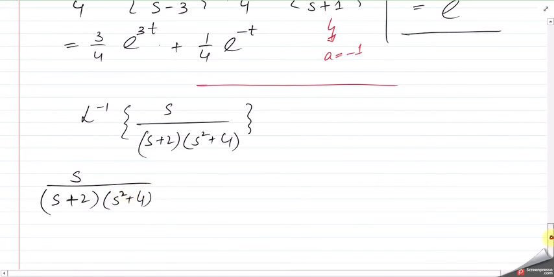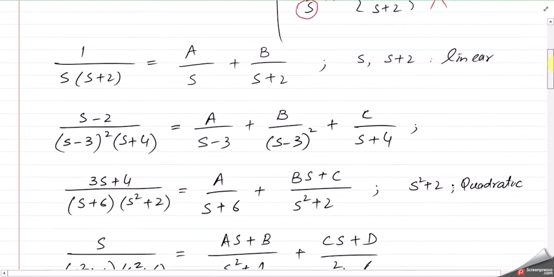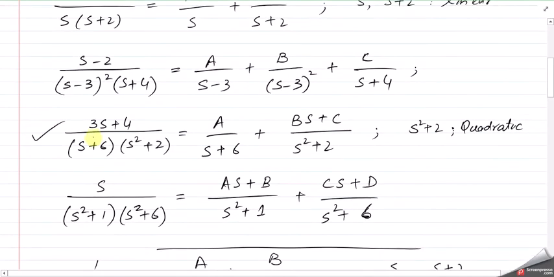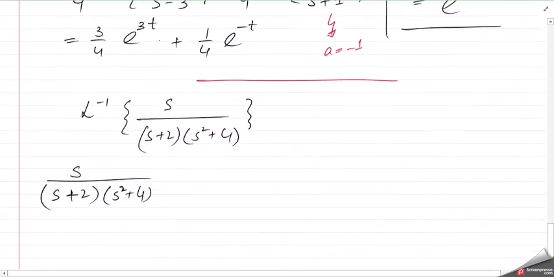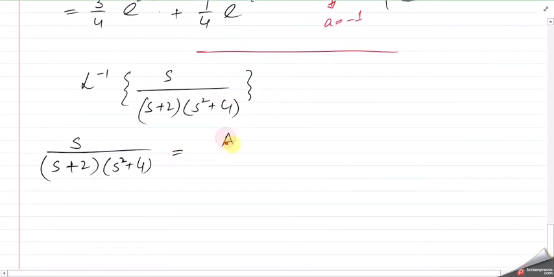It is the third type, this type: some function over linear into quadratic. So linear goes with a over, and the quadratic goes with bs plus c over. So we write equals a over linear plus quadratic bs plus c over s square plus 4.